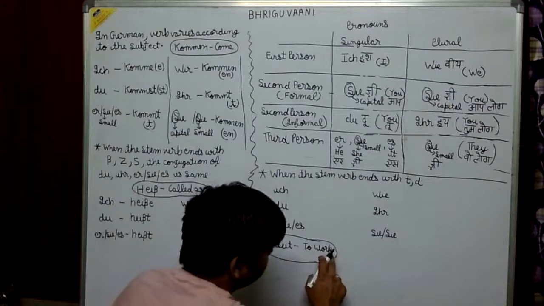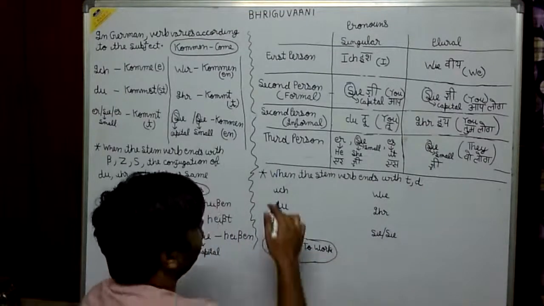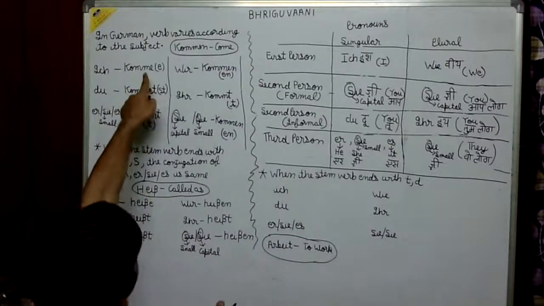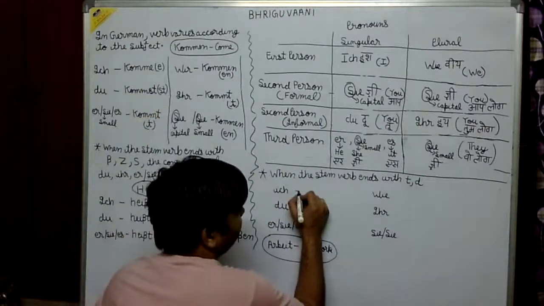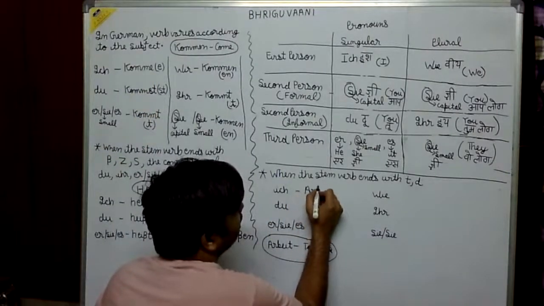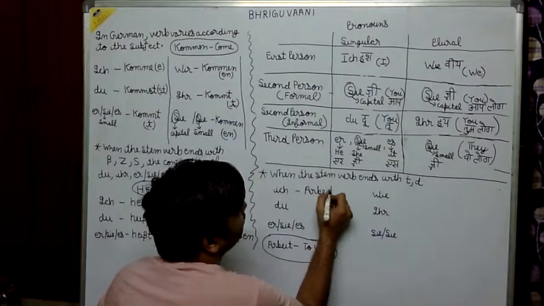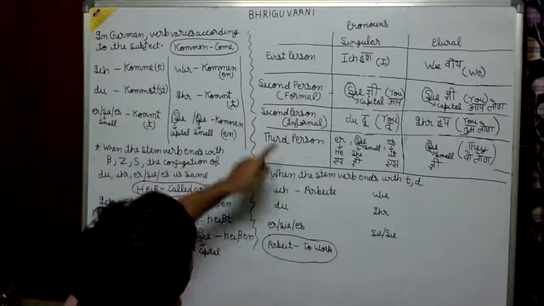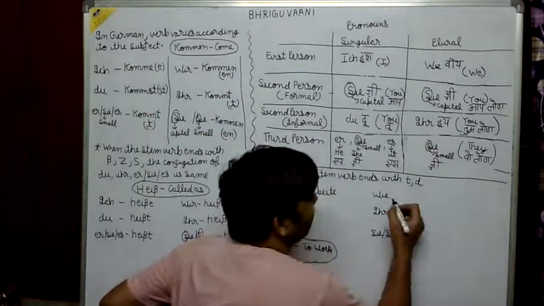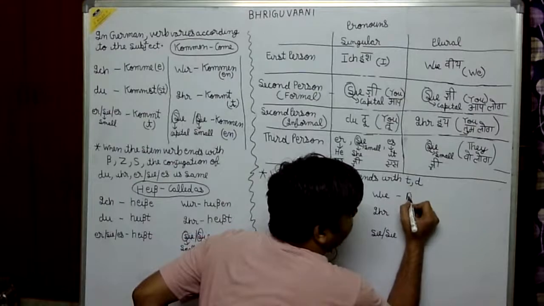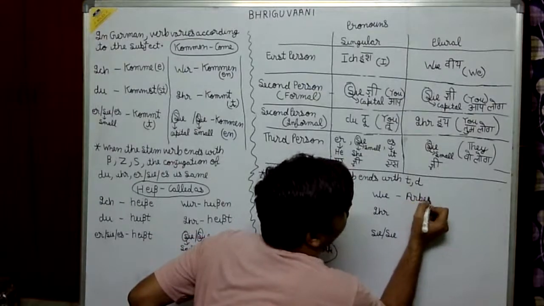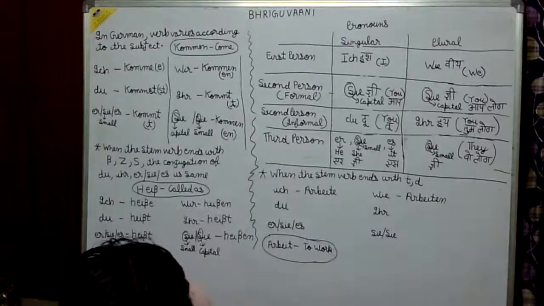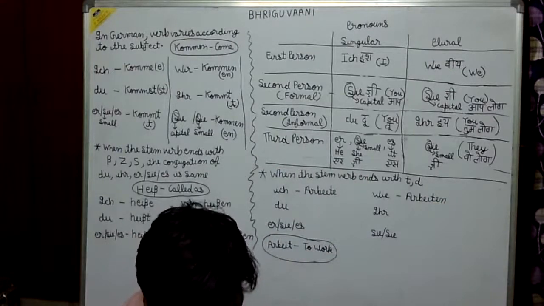Now, for ich, we will use the same as we use here, E. That will become arbeite. In case of wir, we will again use EN: arbeiten. Okay. But look here.